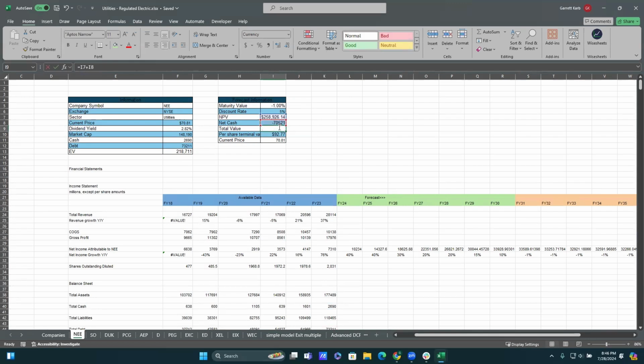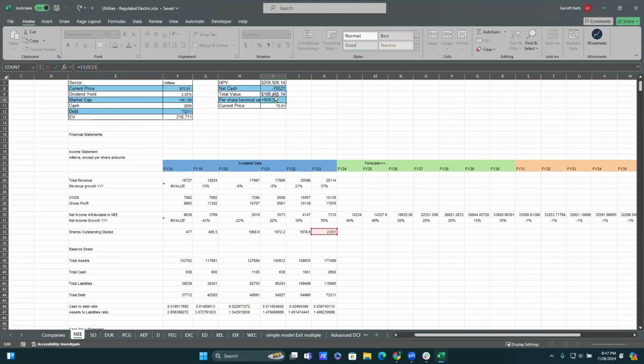And from there, we go to total value. These are all formulas. You do not fill in these numbers. The formula adds net present value and net cash, and it gives you a value for this company of $188 billion. Then all we do is take total value and divide it by shares outstanding, diluted.